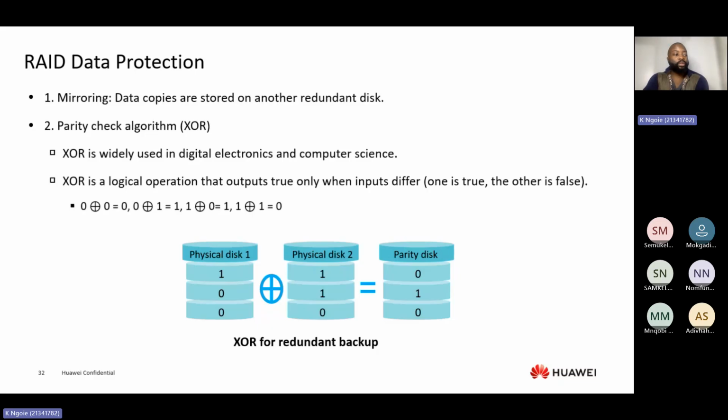All right, so this is an example here, because here we have 0 and 0, so we end up with 0 because the data are the same. Here we have a 0 and a 1, because the data are different, we have a true. Here 0 and 1, because the data are different, we have a 1. Here 1 and 1, because they are similar, we have a 0.